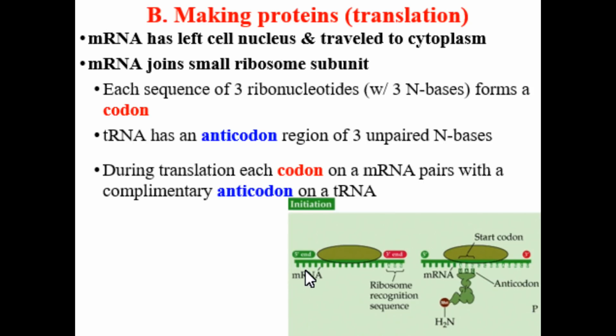Each one of those little T parts of messenger RNA is a ribonucleotide. It's got a sugar and a phosphate and a base. And all of these ribonucleotides, the order that they're in, one base after another, is determined by the sequence of bases in DNA. So it's very specific.